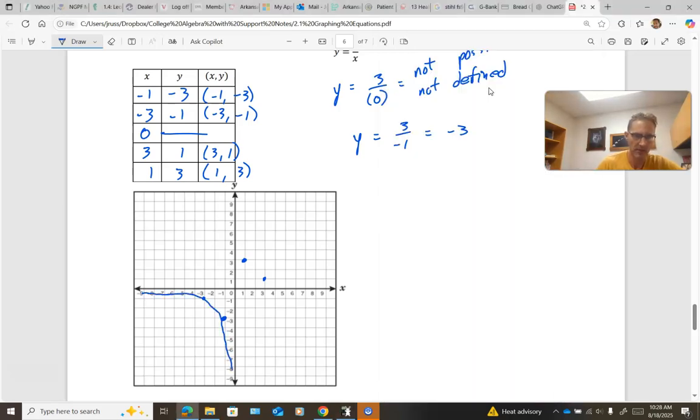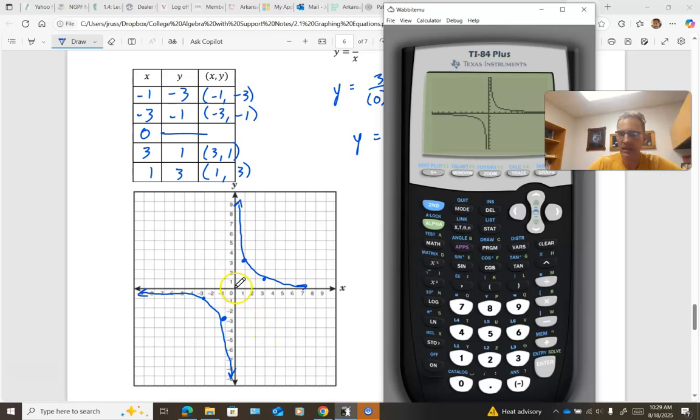It actually behaves like this, and that's why this is such an interesting class of functions. It's split into 2 pieces. And the reason it's split, guys, is because 0 is excluded from being an input. So that means there is no point right here that might connect these 2 pieces. Okay? And so they actually behave like this.